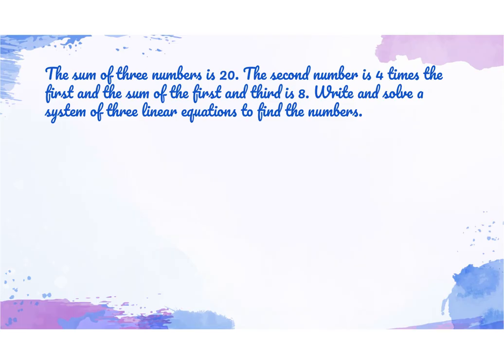Okay, let's look at some word problems here. The sum of three numbers is 20. So if we just call them A plus B plus C equals 20. Three numbers add up to 20. The second number is 4 times the first, and the sum of the first and third is 8. Write and solve a system of 3 linear equations to figure out the numbers.